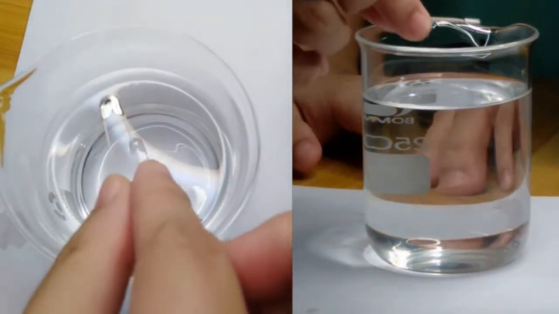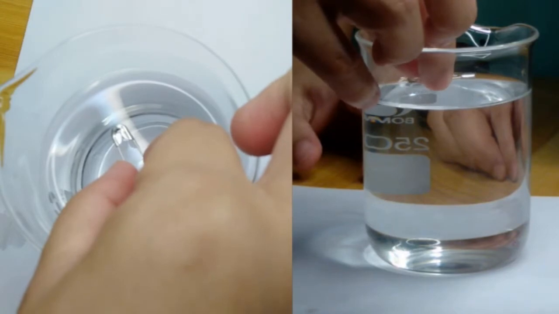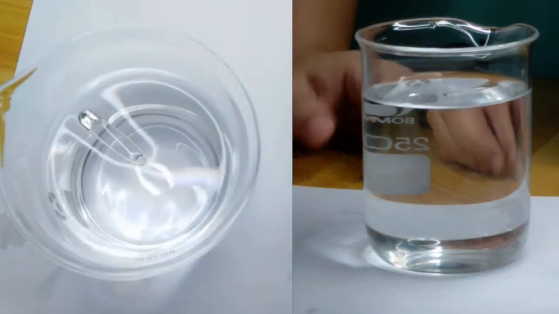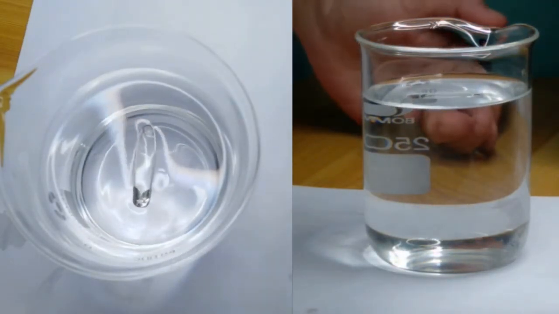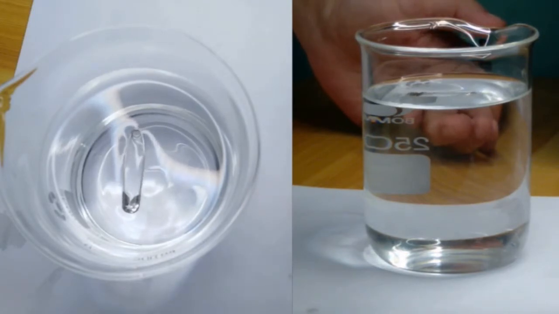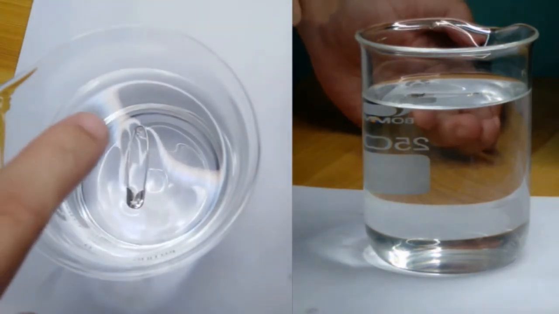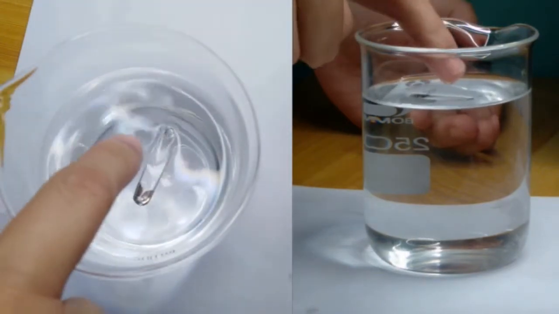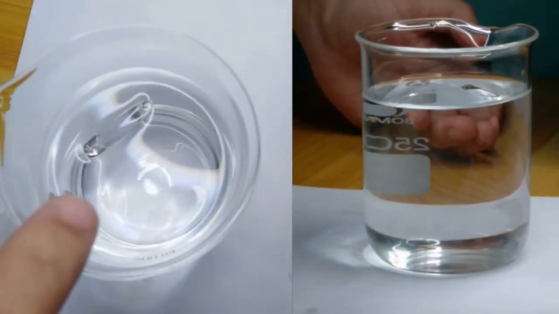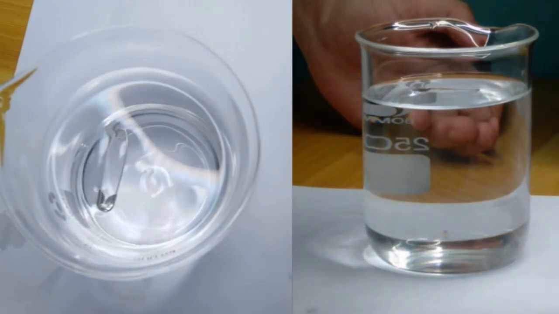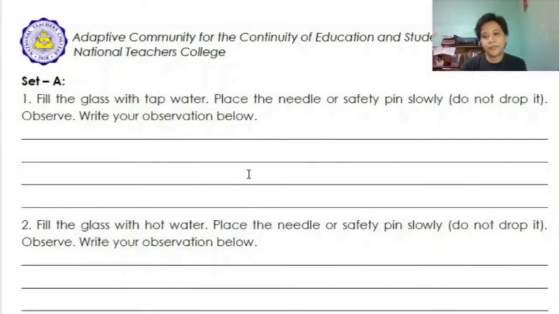Place the needle or safety pin slowly. Do not drop it. And then observe. Write your observation on the blank provided in your module.